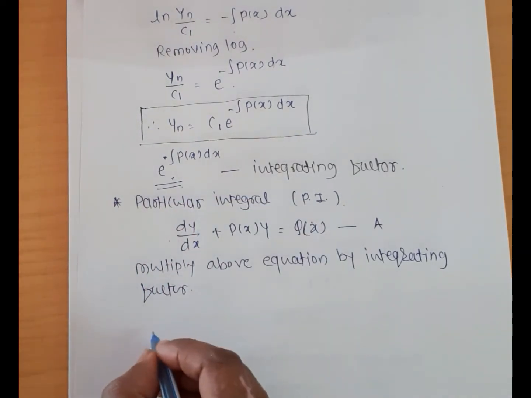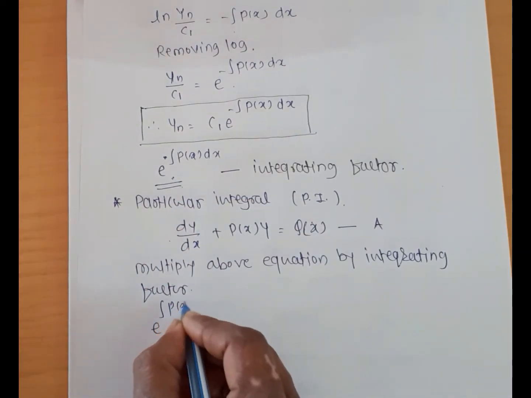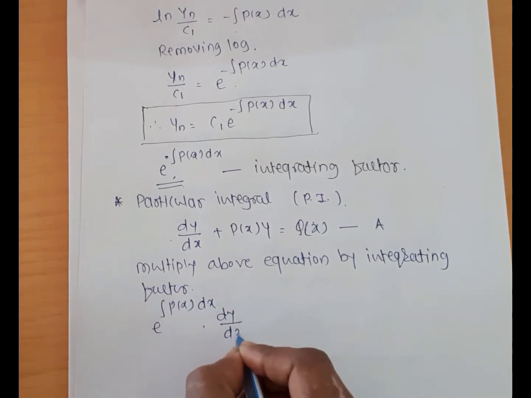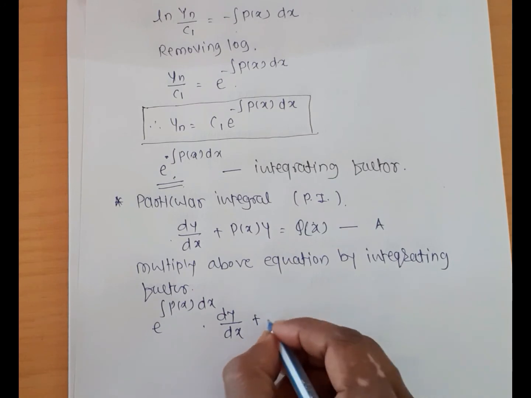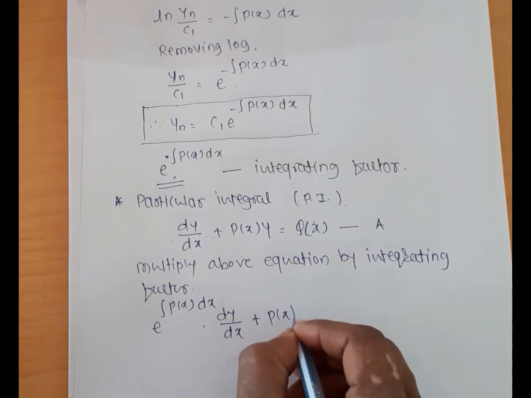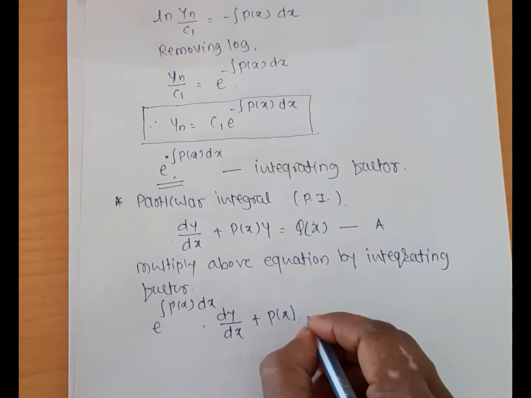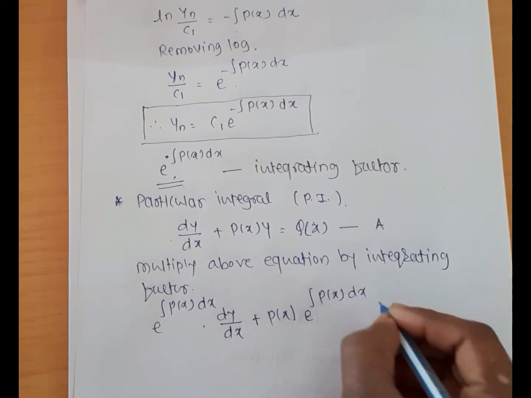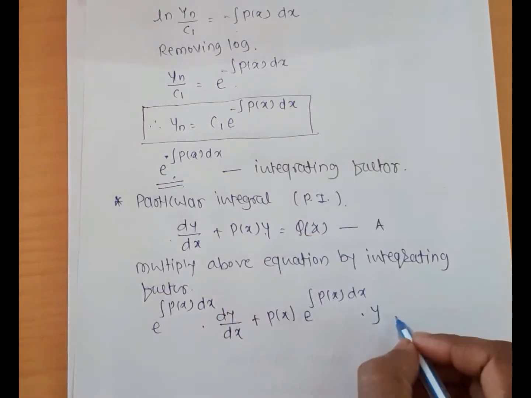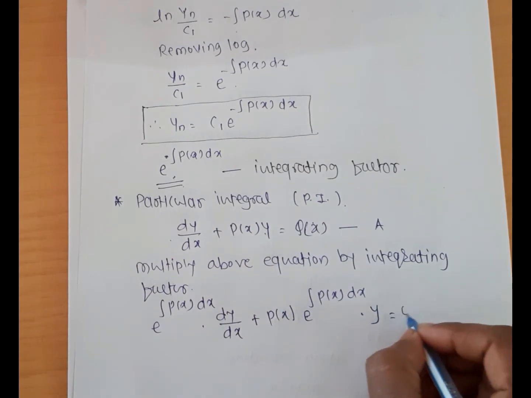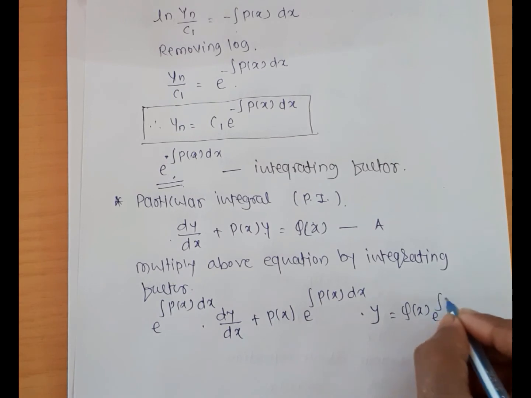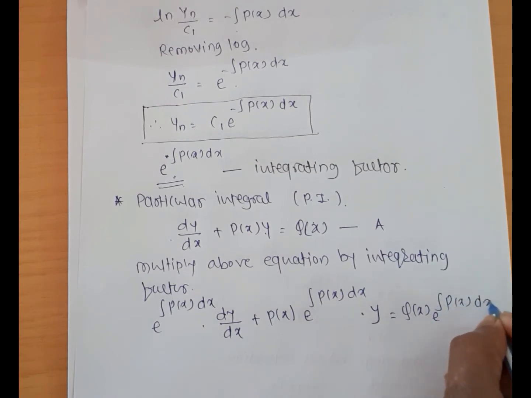So write e raised to integration of p of x dx times dy by dx plus p of x times e raised to integration of p of x dx times y is equal to q of x times e raised to integration of p of x dx.